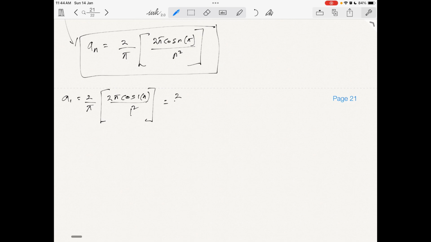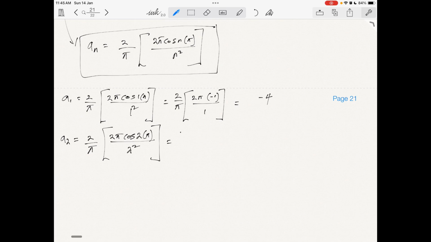So this will give us 2 over pi multiplied by 2 pi, because cos pi is minus 1, over 1, and this is going to give us minus 4. a2 is 2 over pi, and wherever we see n we put 2, over 2 squared. That will give us 2 over pi multiplied by 2 pi, because cos 2 pi is 1, over 4, and this will give us 1.